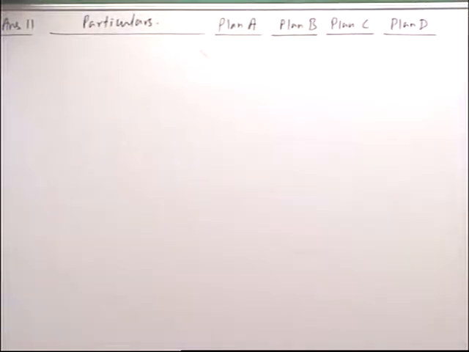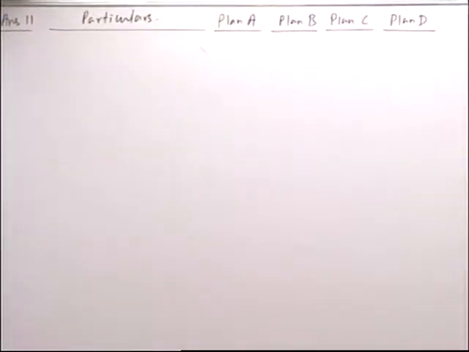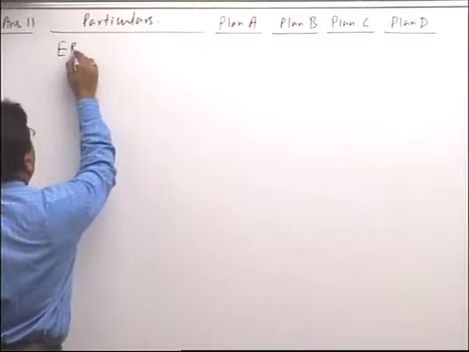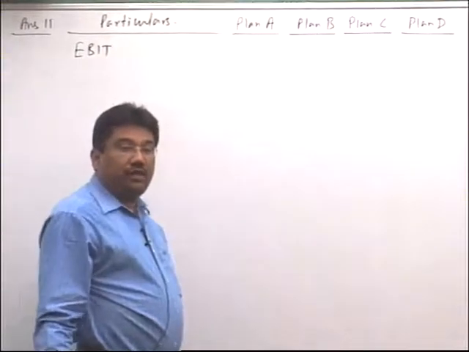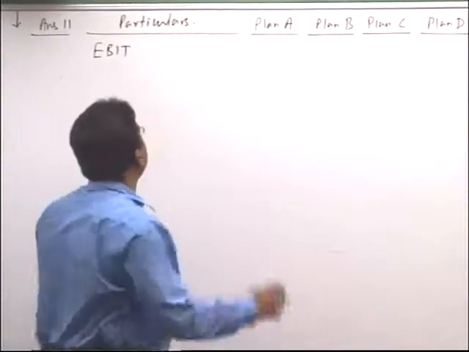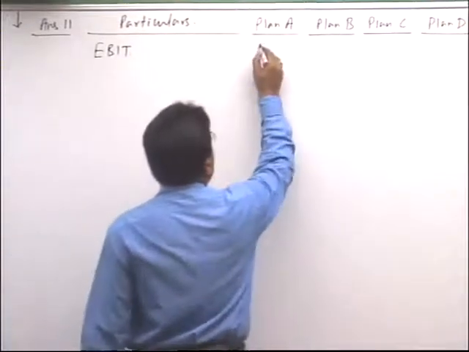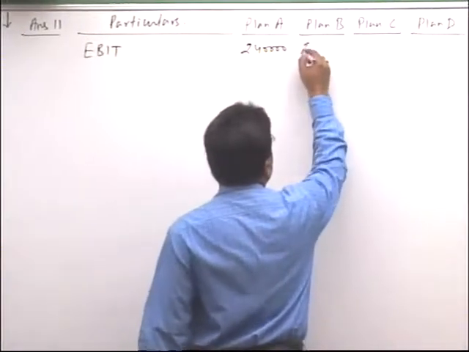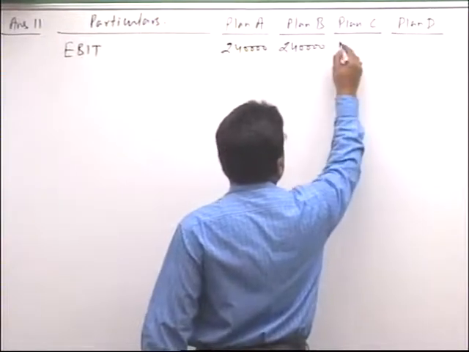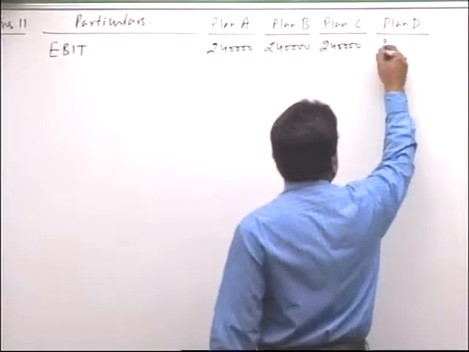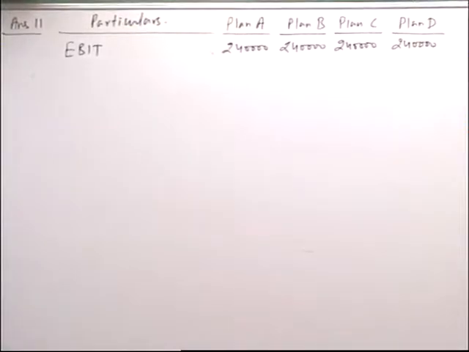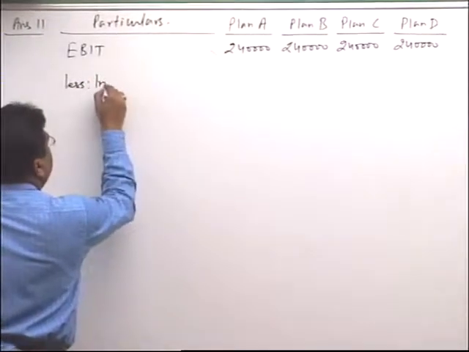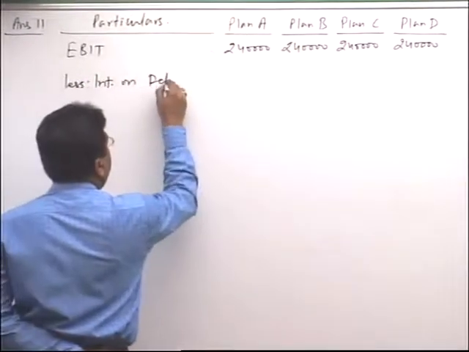Now, first start with EBIT of rupees 2,40,000. Whether we select Plan A, Plan B, Plan C or Plan D, the total fund after raising additional capital will be 20 lakhs. So, the EBIT will be 2,40,000 under all the plans. Now, from this EBIT deduct interest on debenture.